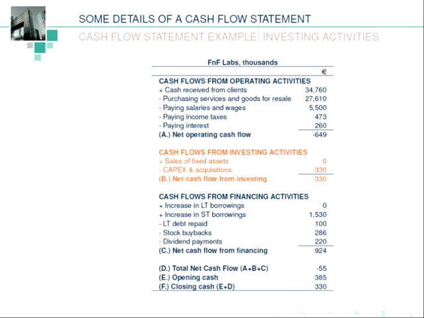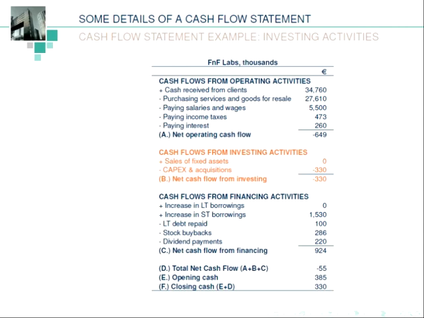So it invests in machines or buildings, etc., or if it acquires other firms. CapEx stands for capital expenditures, and that is the investment or renovation of fixed assets. Summing up the cash inflows and cash outflows that we have in this category, we end up with the so-called net cash flow from investing.